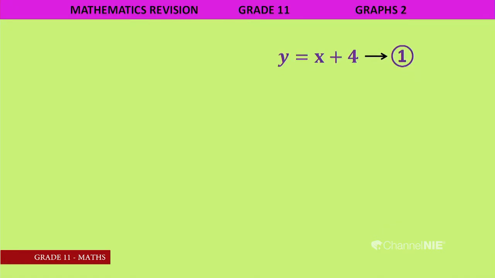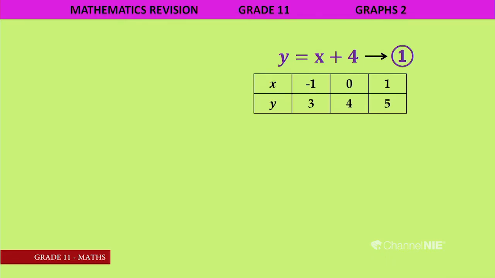Now this is our first equation, y equals x plus 4. Then we can consider the independent variable. You can select x coordinates according to the nature of the equation.